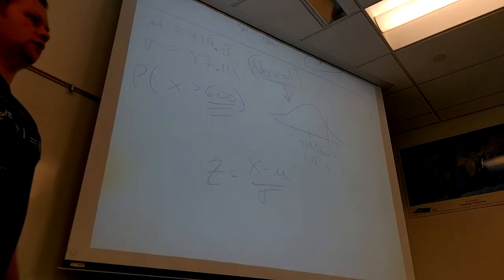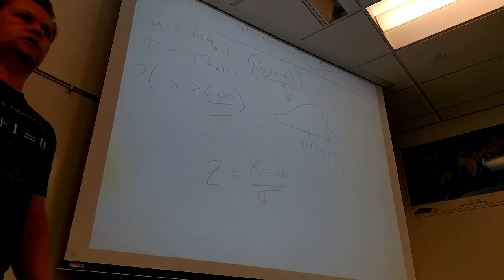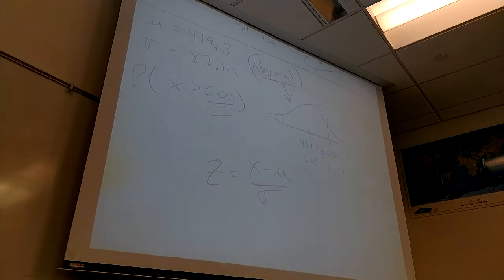What grade are we interested in? 600. That's the x. I've got to change that into a z-score. So technically, we could take any number we're looking for and just plug it in. Yeah, any grade that you have a question about, you can change it to a z-score.